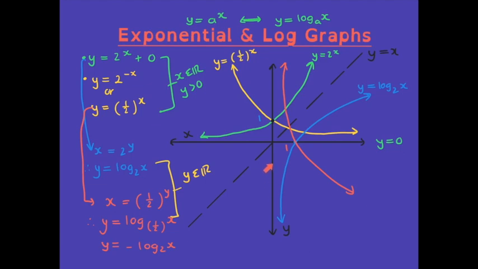From the y-axis, the line x equals 0 has become the log function's asymptote, so its domain will be x is greater than 0. Or if you weren't looking at the graph, just swap x and y around. That would be the domain and range for those functions.